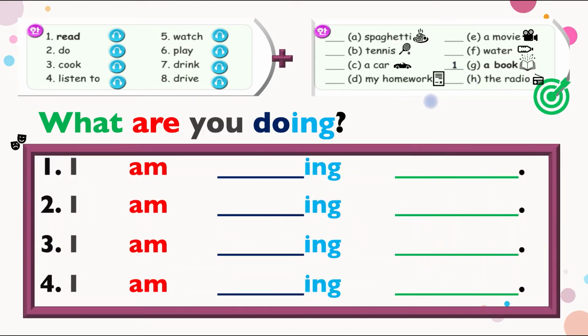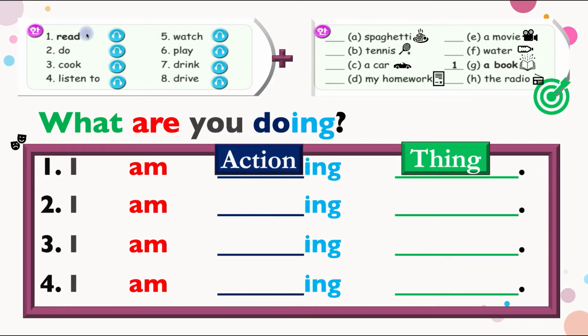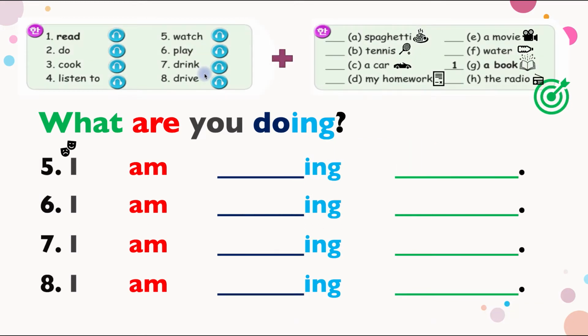So you can see, if you have the book, that there are some sentences for you to fill in the gap. So we have the words, I'll just read them for you, the verbs, the actions: read, do, cook, listen to, watch, play, drink, drive. They are the actions.